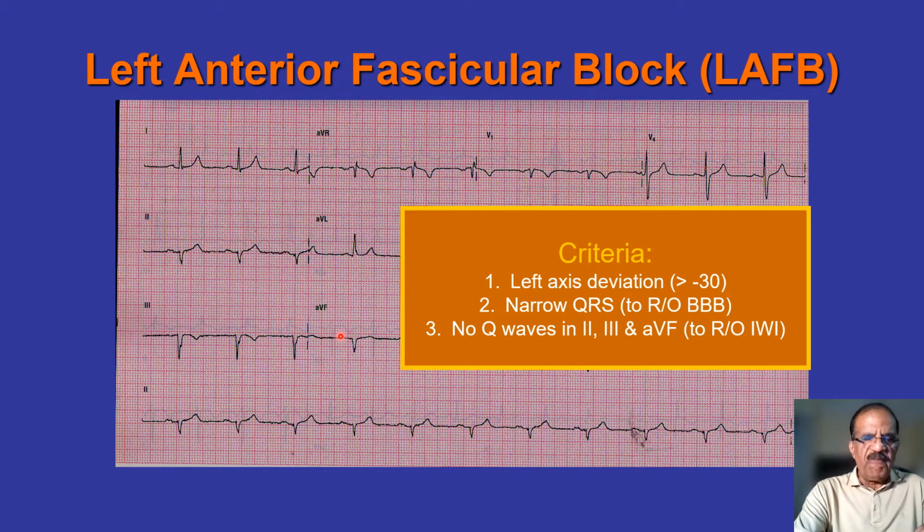So there is no inferior wall infarction. So these are the criteria of left anterior fascicular block or left anterior hemiblock. Please excuse me for using different terms. In the past we used to call it left anterior superior block. I think left anterior fascicular block or left anterior hemiblock, these are two currently used terms.